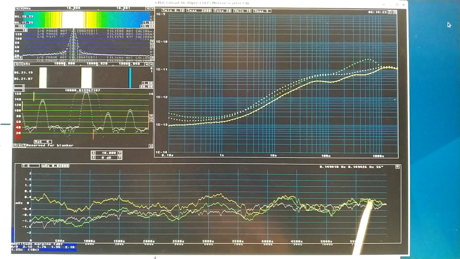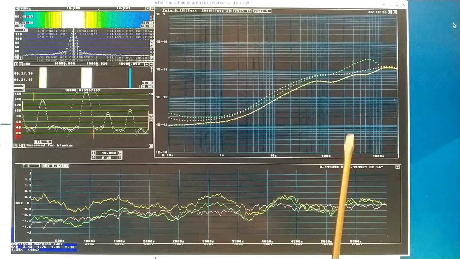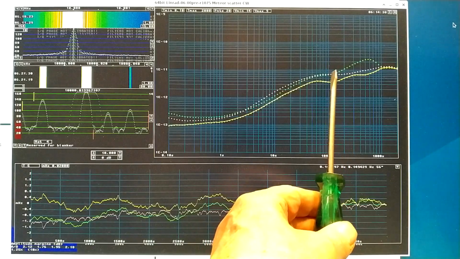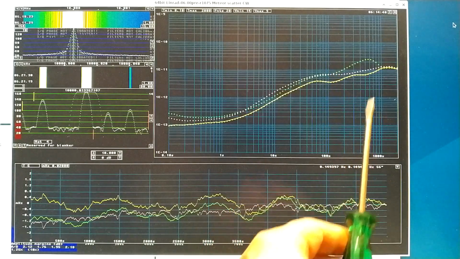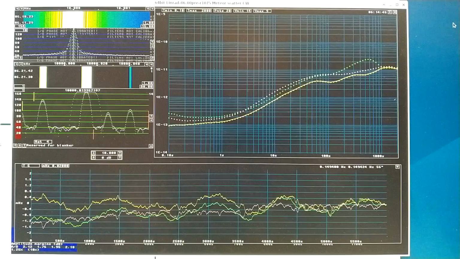So the locking is not really good. I have to do something with the loop filter. But this is a very slow oscillation. It will not affect performance at times below about 100 seconds. But we can see this peak is because of these oscillations.